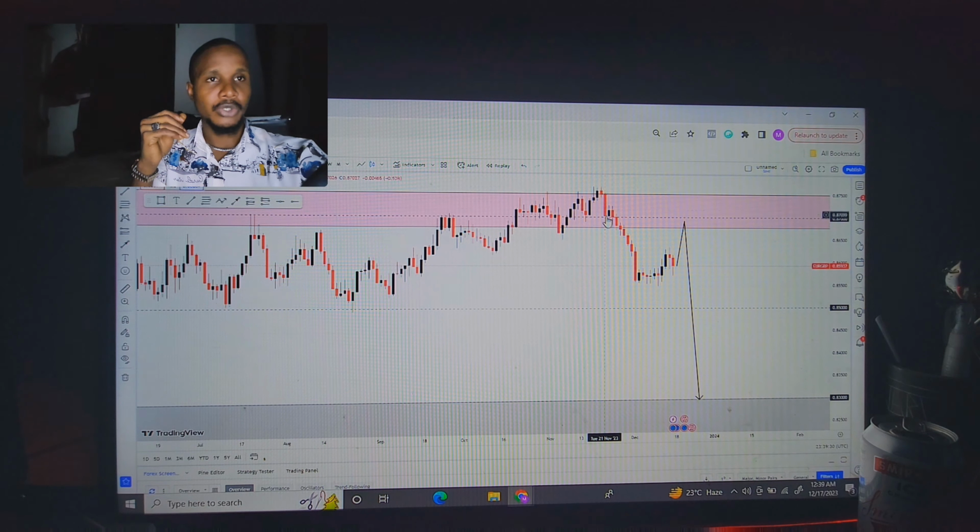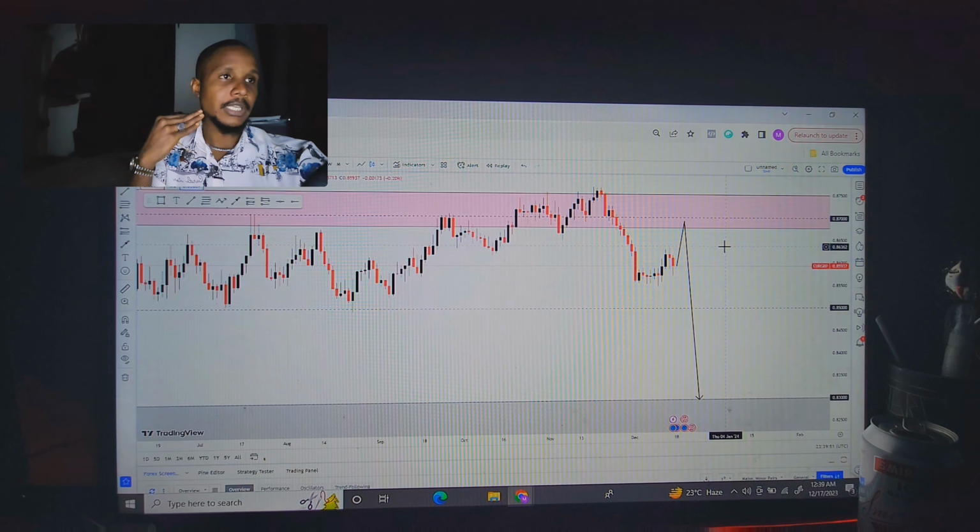So we broke the support level, and you guys know that whenever price breaks support, it literally comes back to turn that support towards resistance to head to the next support level. So just very simple, right? We're literally waiting for price to retrace back to this point here, which is at 0.87 thousand, right?